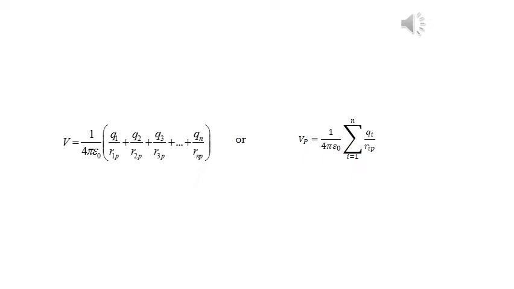As a general result, V equals 1 by 4 pi epsilon naught times q1 by r1p plus q2 by r2p plus q3 by r3p until qn by rnp, or, applying the summation symbol, 1 by 4 pi epsilon naught times the summation of i equals 1 to n of qi by rip.